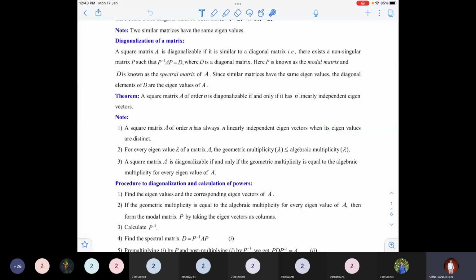For example, 1, 2, 3 are eigenvalues. Here we can get three linearly independent eigenvectors, right? If we have three distinct eigenvalues, then we can get the linearly independent eigenvectors.